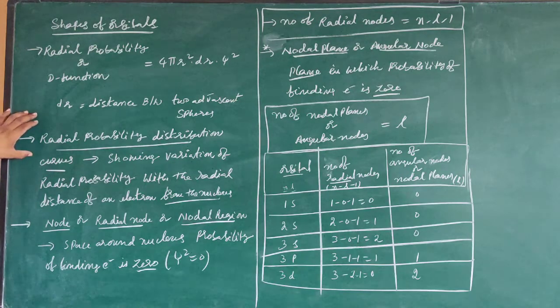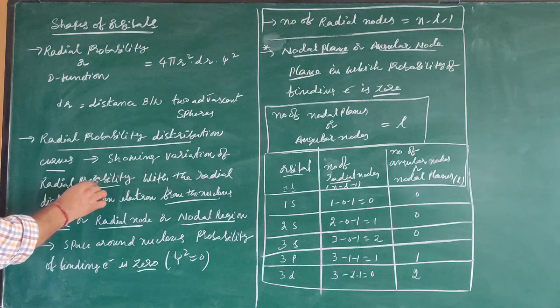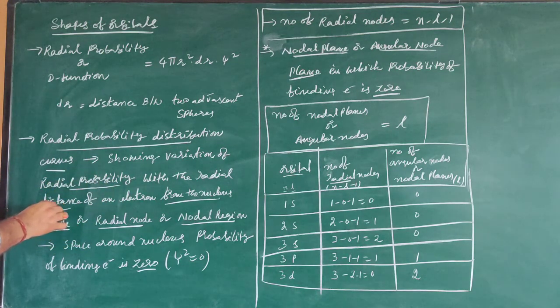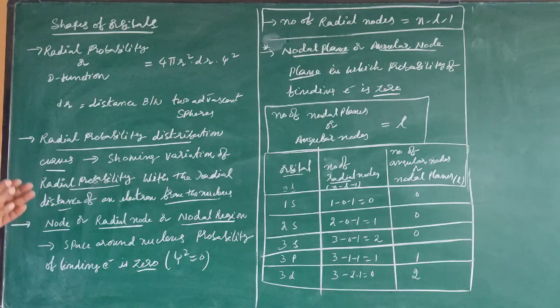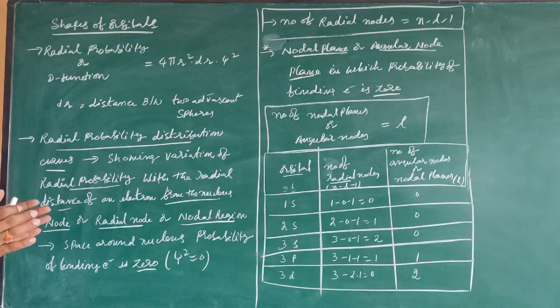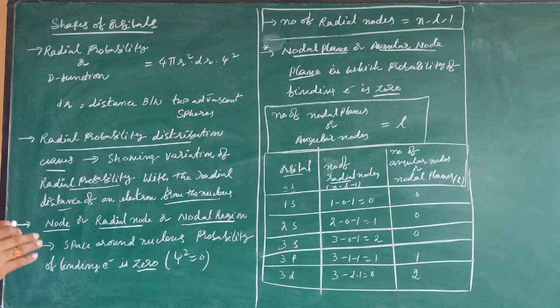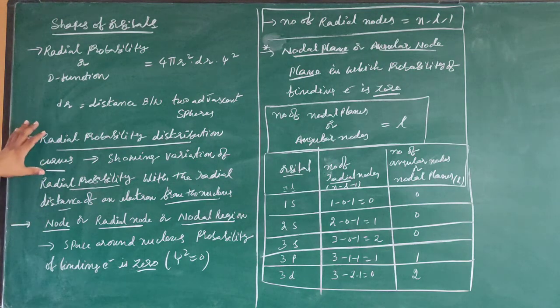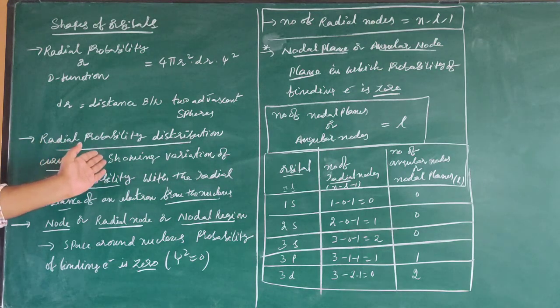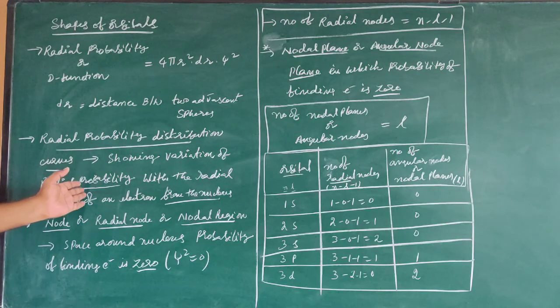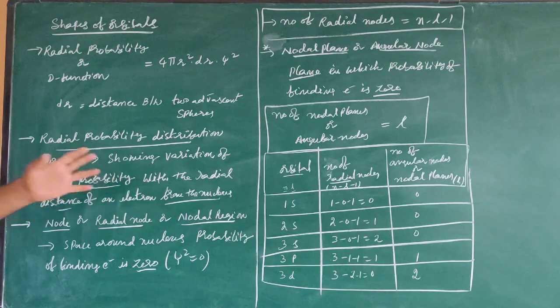Here are the radial probability distribution curves. A radial probability distribution curve shows the variation of radial probability with the radial distance of the electron from the nucleus. Suppose the nucleus is at the center. The electrons revolve in particular orbits, and each orbit has a different distance from the nucleus.